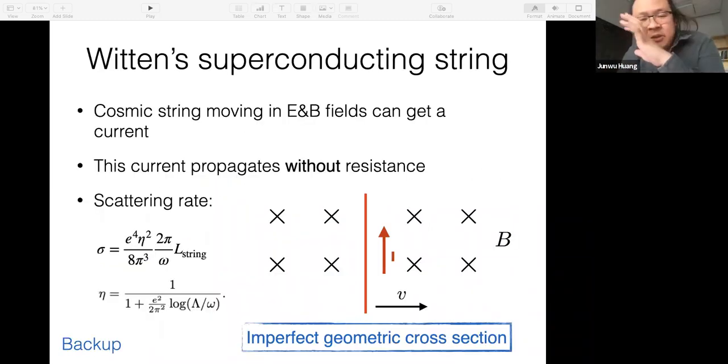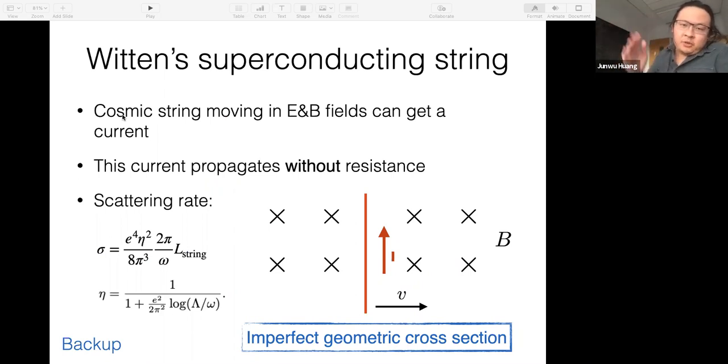This is exactly what happens for a superconducting string, in particular for the Witten superconducting string, in an analysis he did in 1985. What Witten studied is a cosmic superconducting string, not an axion string, because in his case there's no anomaly.